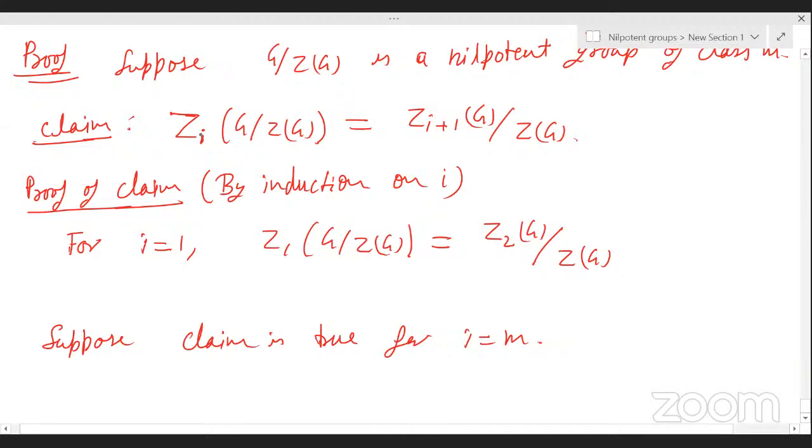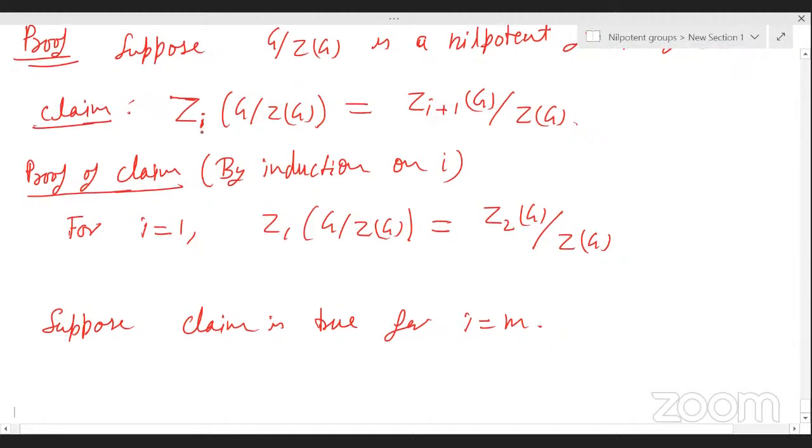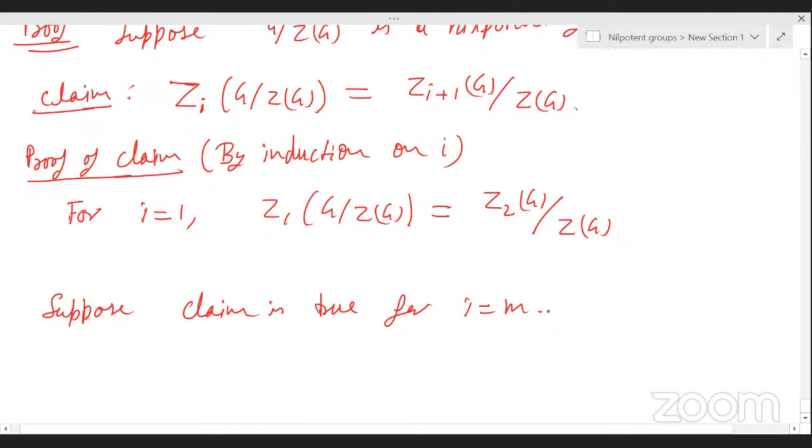We have to prove it for i equal to m plus 1. So i equal to m means what? Let me write it here. That is Z_m(G/Z(G)) is equal to Z_{m+1}(G)/Z(G).